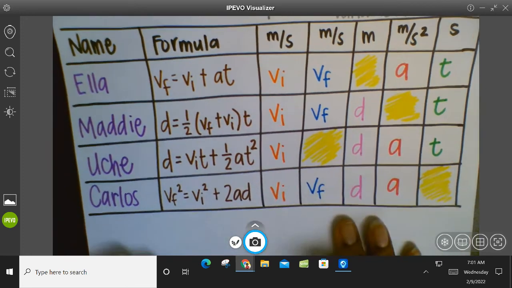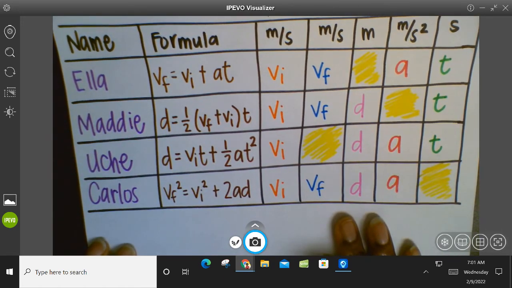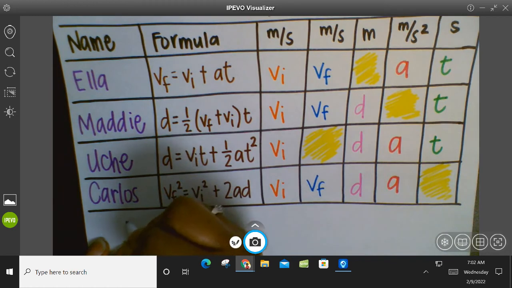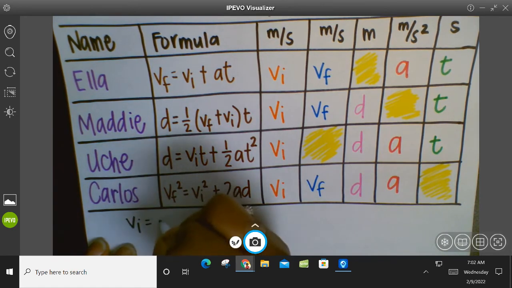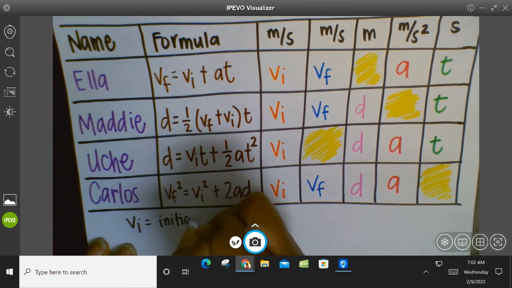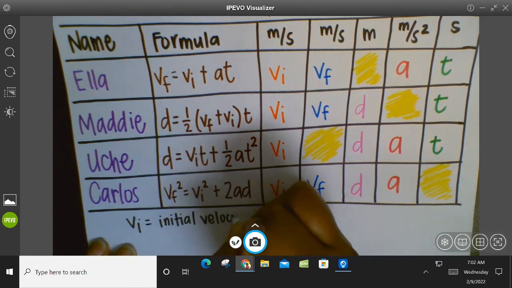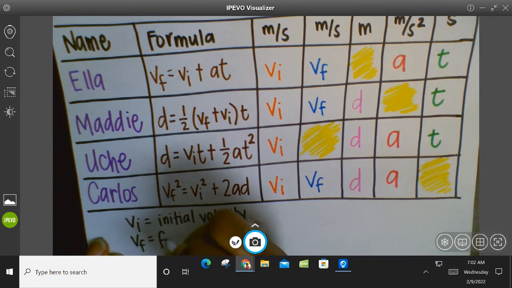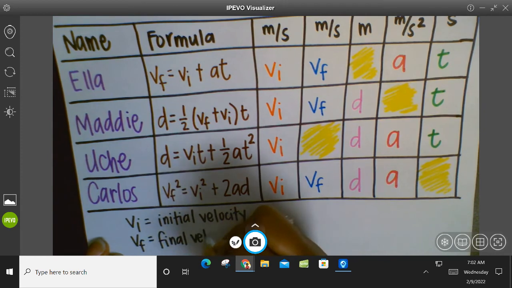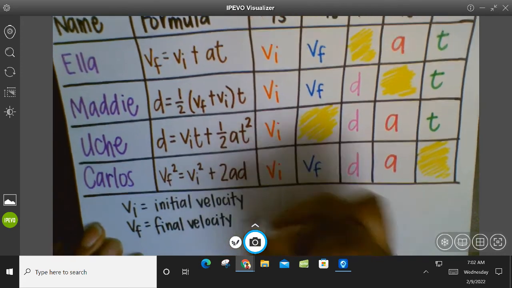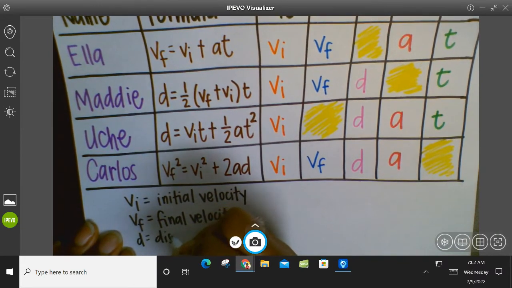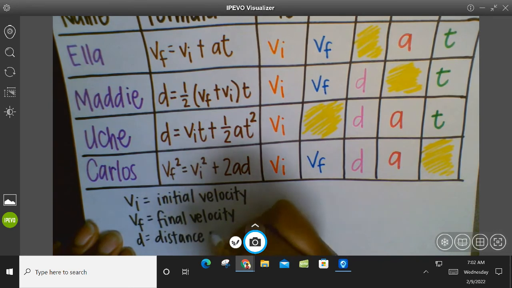But before I leave you, the last little thing I want to do is just go through my variables. And so make sure we understand, like if you see VI, that stands for initial velocity. VF is final velocity. Okay. D is going to be distance or height.